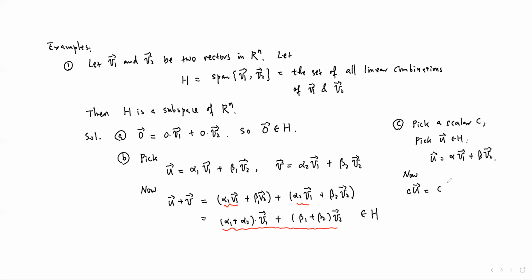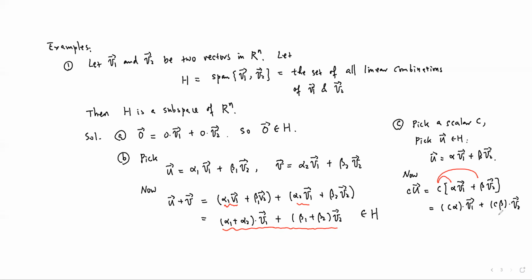Then I get C times alpha V1 plus beta V2. Distribution. Then I get C times alpha, a number, times V1, plus C times beta times V2.